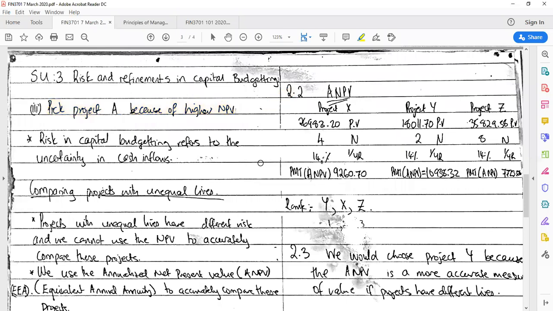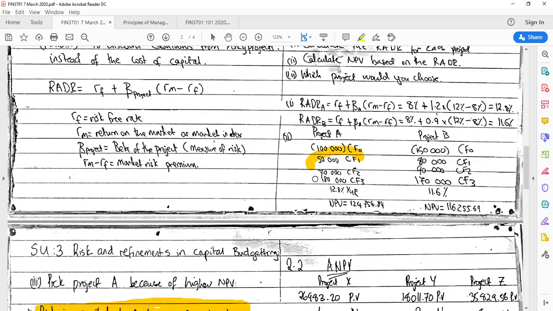And also importantly, risk in capital budgeting has to do with how uncertain cash inflows are. When we say that a capital project is risky, we're saying that the project is risky because there's uncertainty in these cash inflows. That 50,000, 70,000, 20,000, and that 80,000, 90,000, and 170,000. We can't predict these cash inflows 100% accurately.